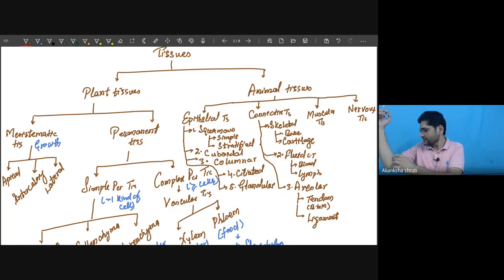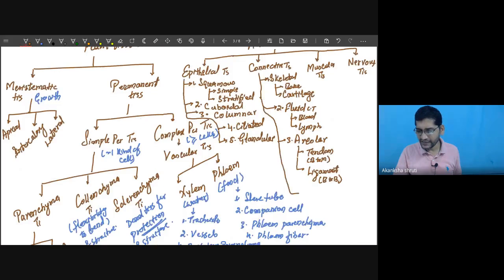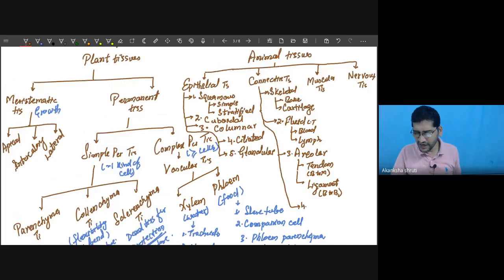So to avoid the touching of bones and to connect one bone to another bone, we have this ligament. So it is a bone to bone connection. In short, I have written everything. So student, accordingly, you also have to keep it in mind. Now the fourth category of connective tissue is adipose tissue.